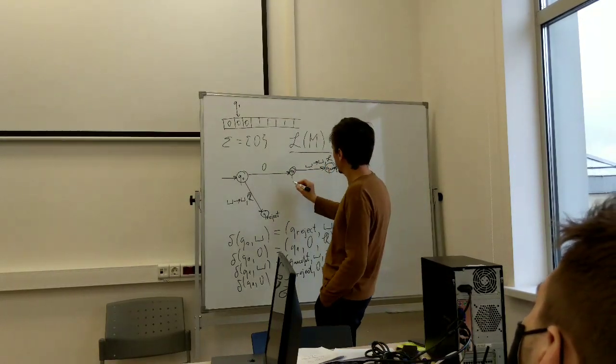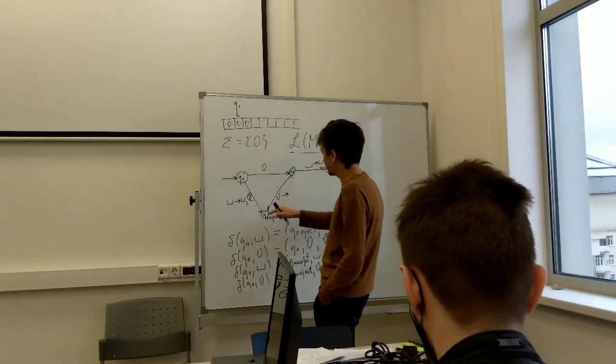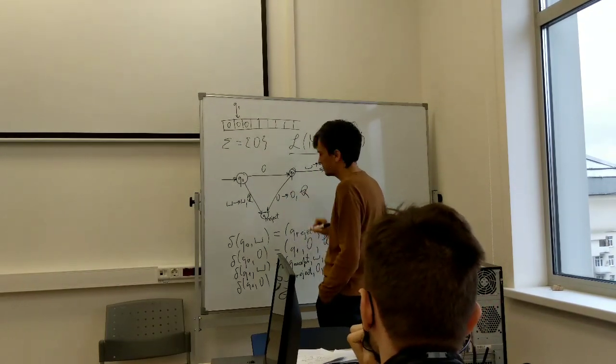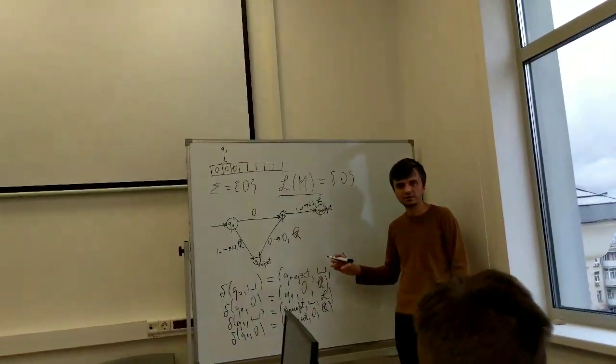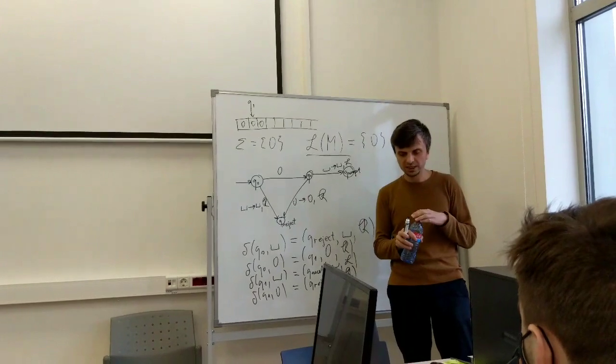And if it's 0, then we move to queue reject, replace it by 0, and move to the right. Okay. Is everything clear? Yes. So this is the very easy, basic.